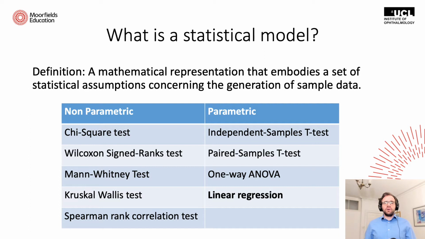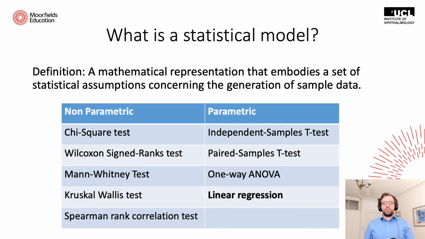So if the model is explicit, then that tends to be a parametric model. Usually the underlying model is a normal distribution. So t-tests, paired t-tests, one-way ANOVA, and linear regression, which we'll be talking about more in this lecture, are examples of parametric models.